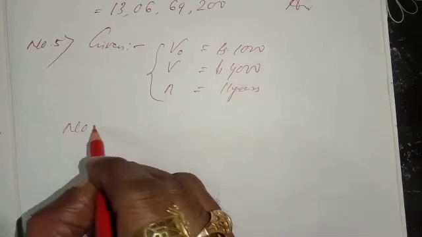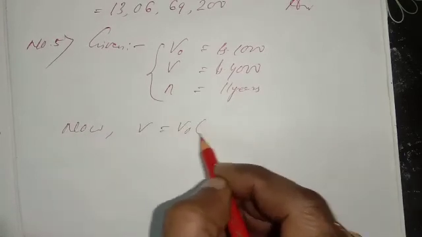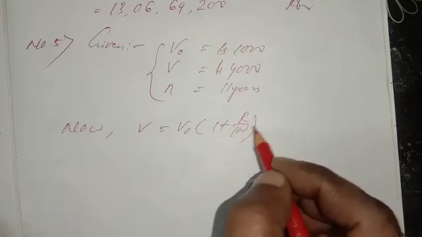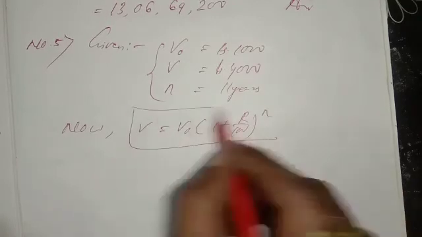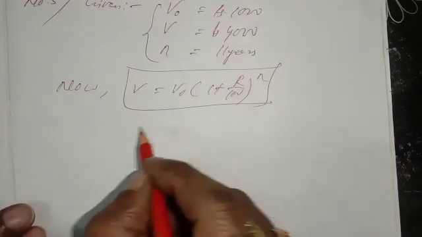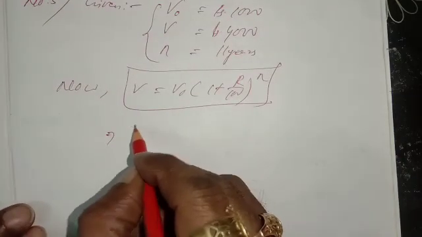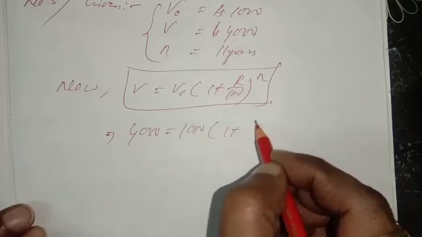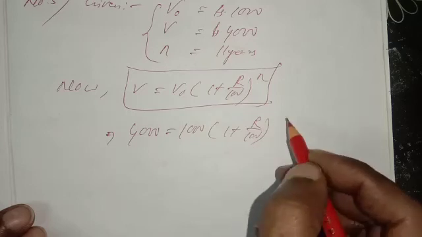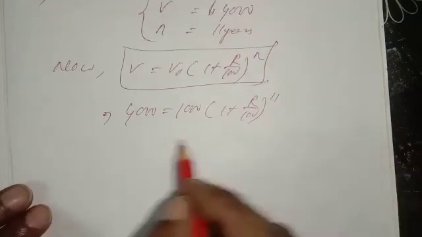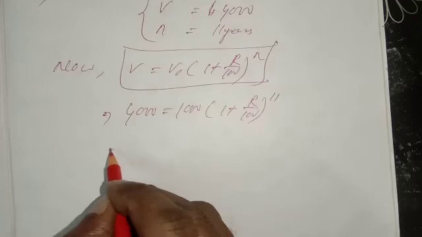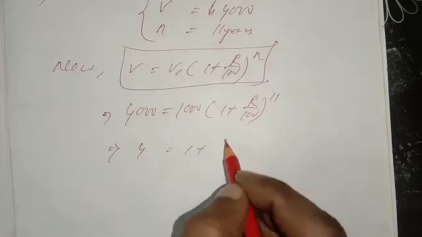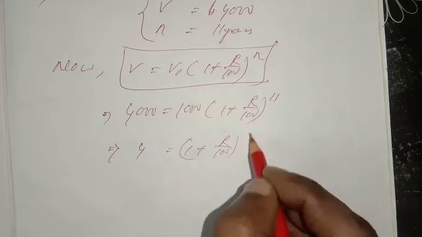So now V is equal to V0 into 1 plus R by 100 whole to the power n, as it is growth. This is the formula required for this type of sum. Here V is 4000, V0 is 1000, n is 11. If I divide by 1000 here, this will become 4. So 4 is equal to 1 plus R by 100 whole to the power 11.